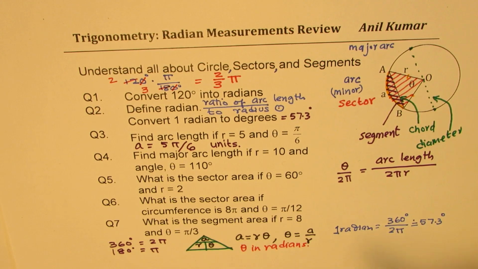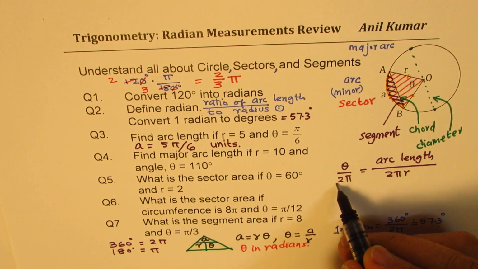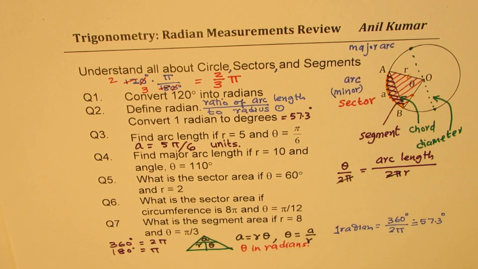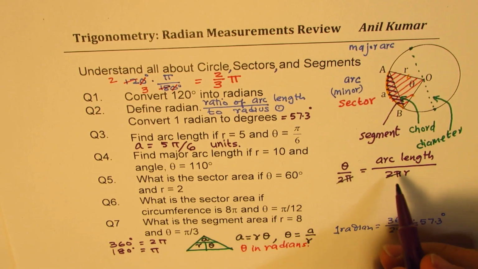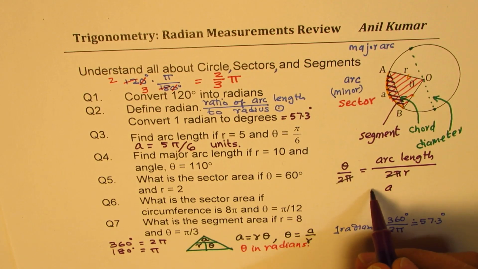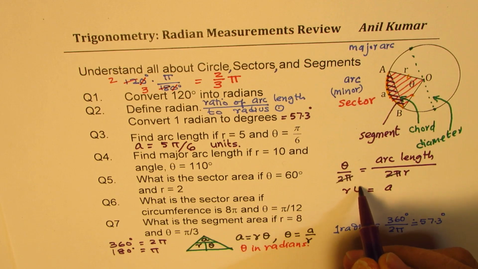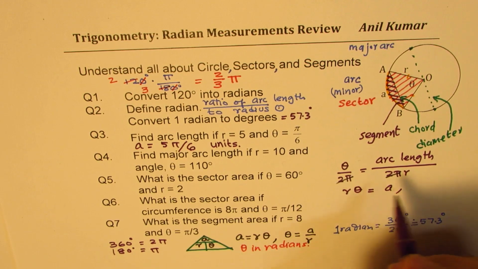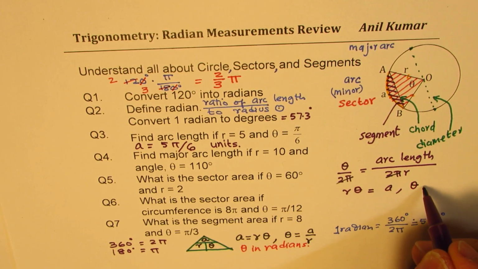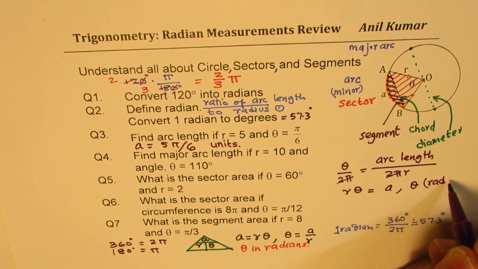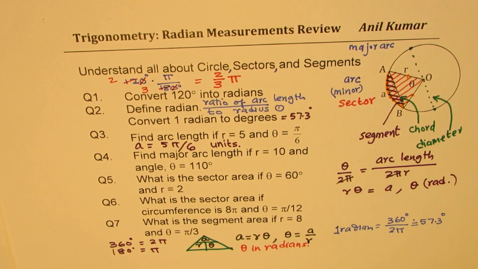As you can see from here, we can cancel 2 pi and 2 pi, and we get the relation arc length A equals r theta. Now this is only possible when theta is in radians. So that is how we derive our relation. Perfect.